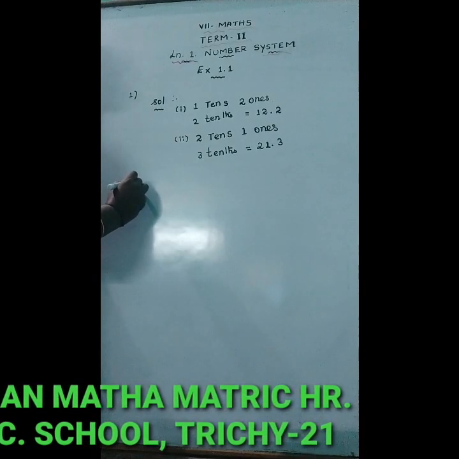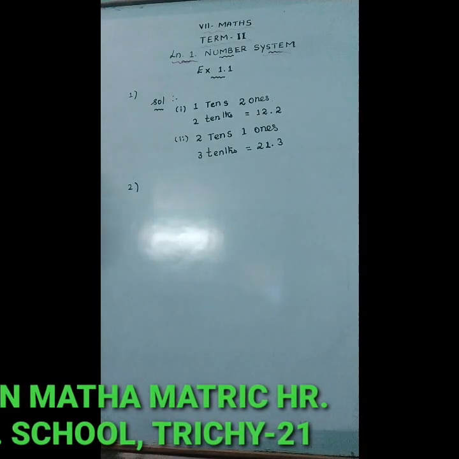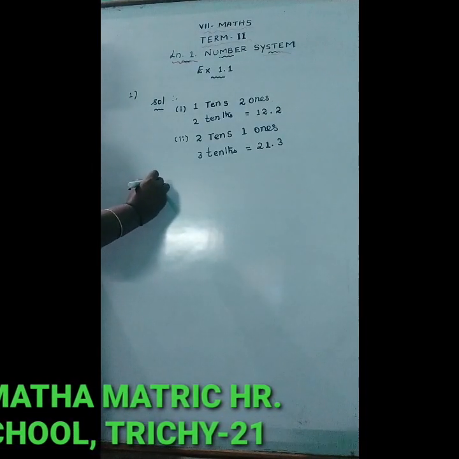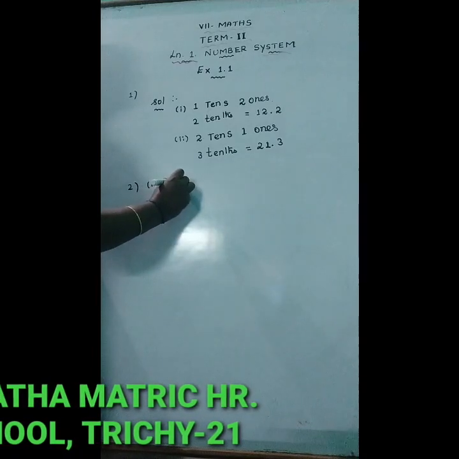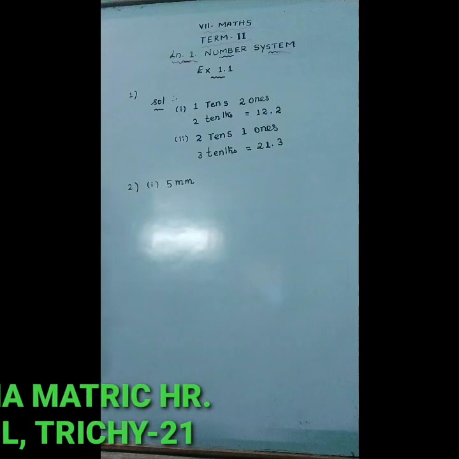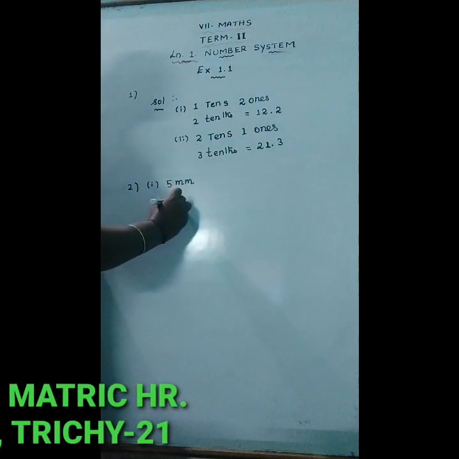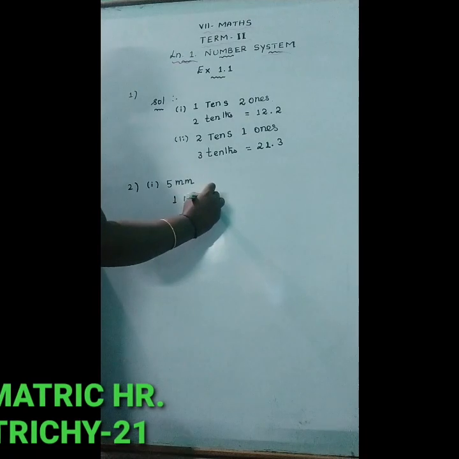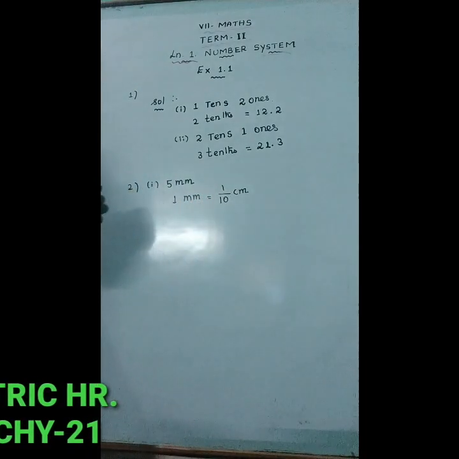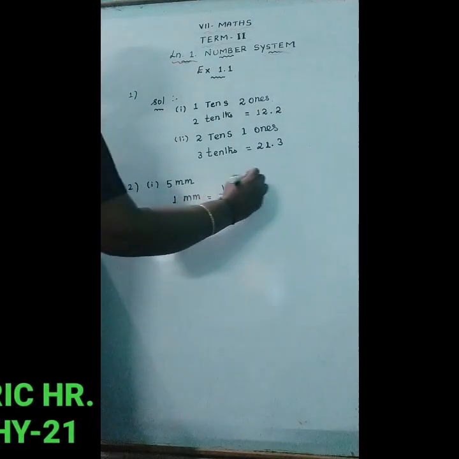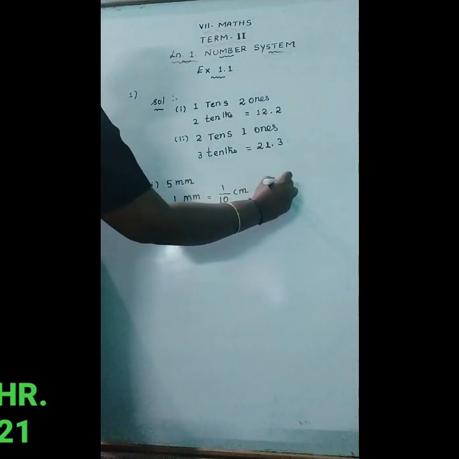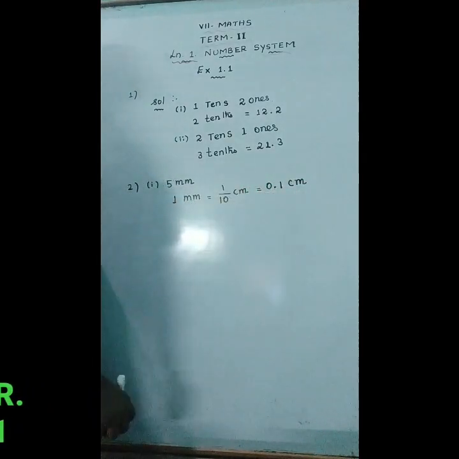The second sum: express the following in centimeter using decimals. The first one is 5 millimeter, so change into centimeter. 1 millimeter is equal to 1 divided by 10 centimeter, which in decimal form is 0.1 centimeter.